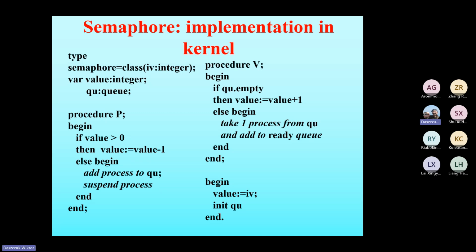If you have a kernel that supports semaphores, we must offer 2 syscalls, P and V. Of course, we must implement a function to create a semaphore, maybe some additional elements, but here we see how P and V are organized.